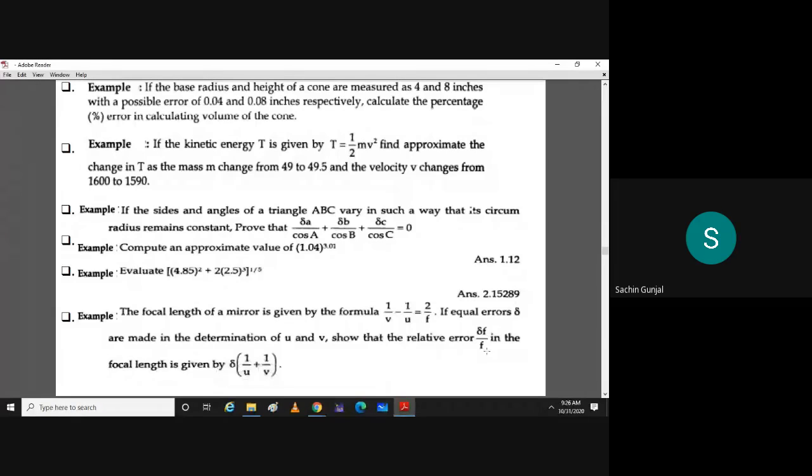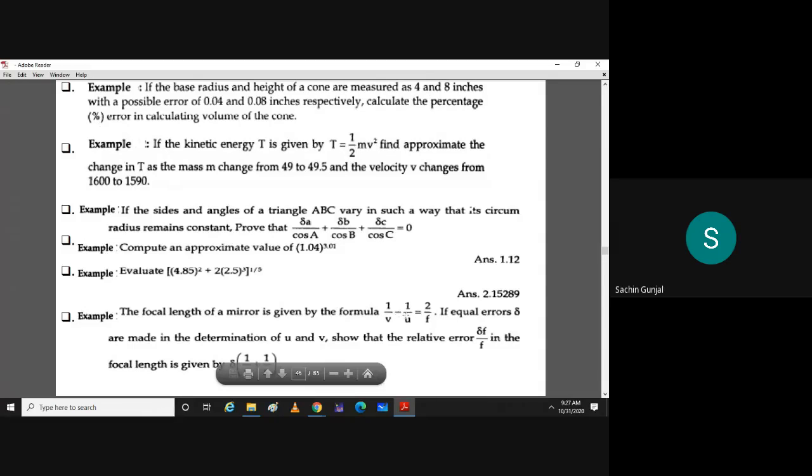So if you take a differential of each term, what is the differential of 1 by v with respect to v? Minus 1 by v square into dv.